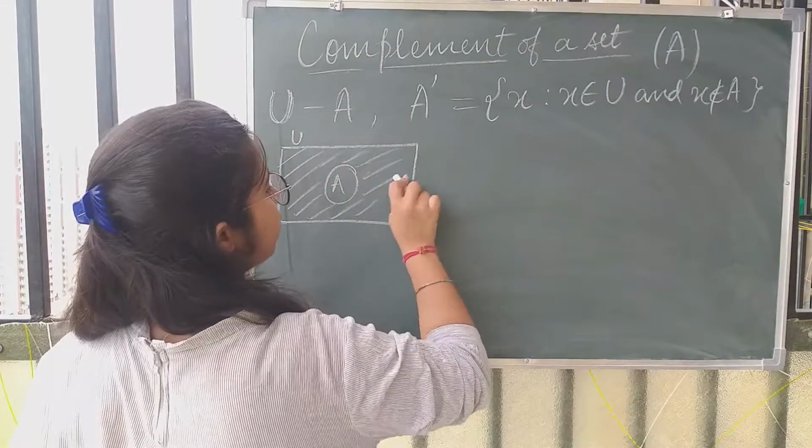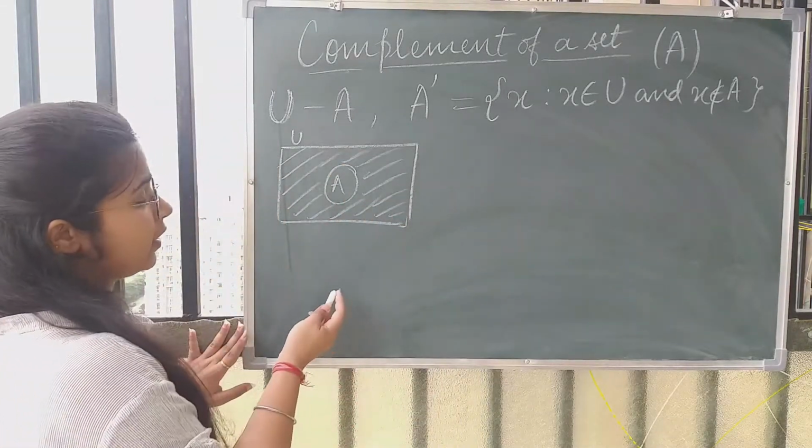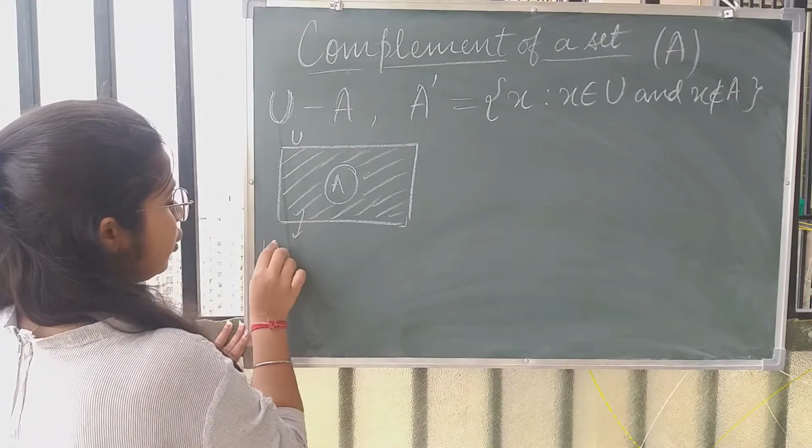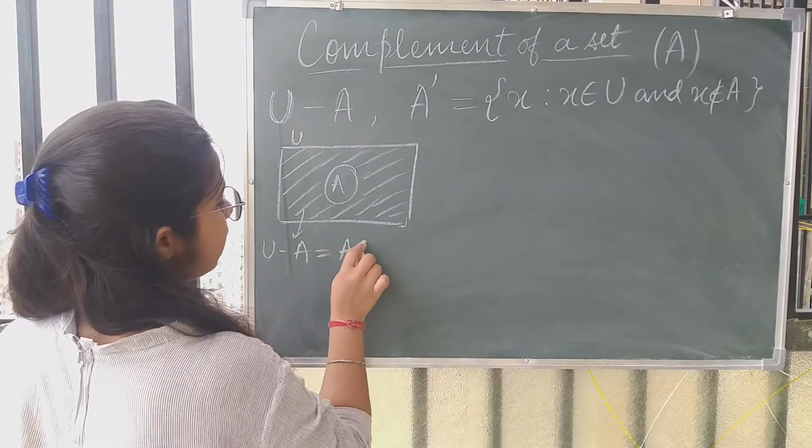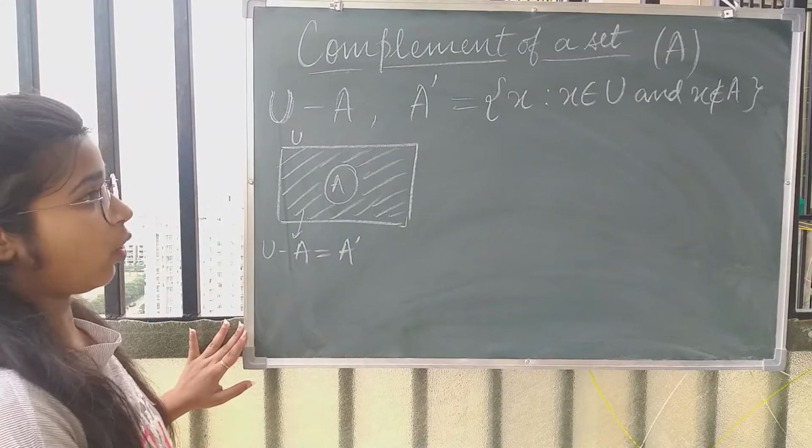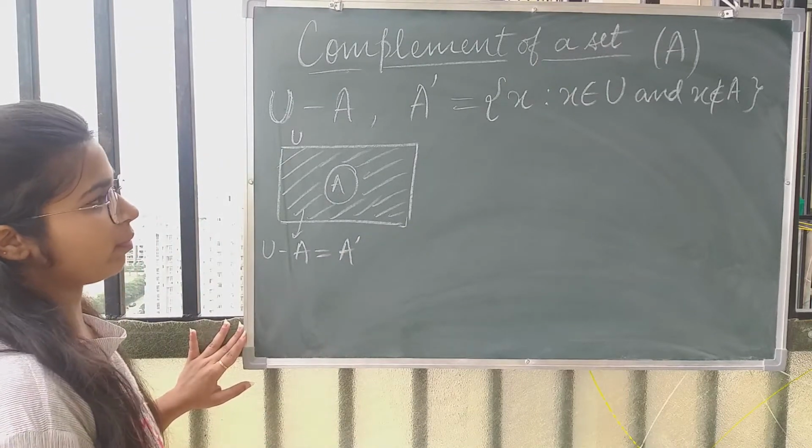Apart from A, the rest of this square rectangle will be U minus A, that is A dash, that is A complement. So this is how you show the complement of a set.